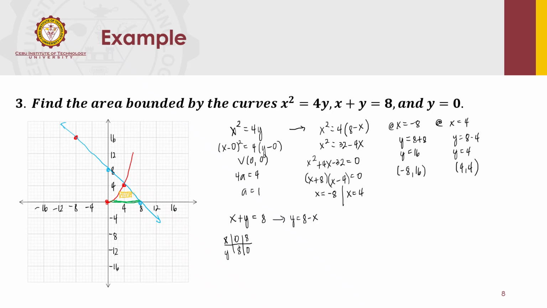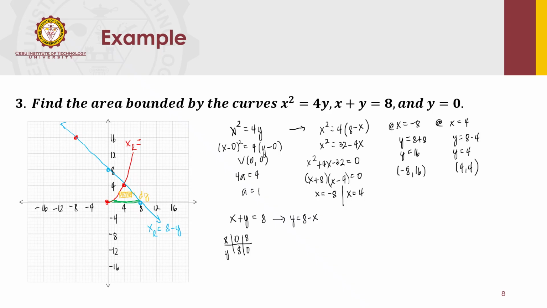That's a requirement. Since this is a horizontal strip, we're going to use dy for its thickness. For the right curve, which is the line, solving for x from x plus y equals 8, x is 8 minus y. Then for the parabola, the red one, from x squared equals 4y, x is the square root of 4y.